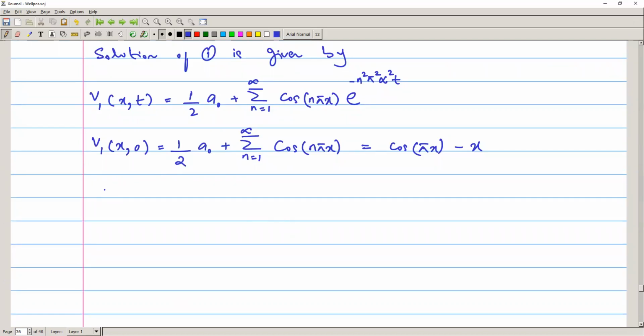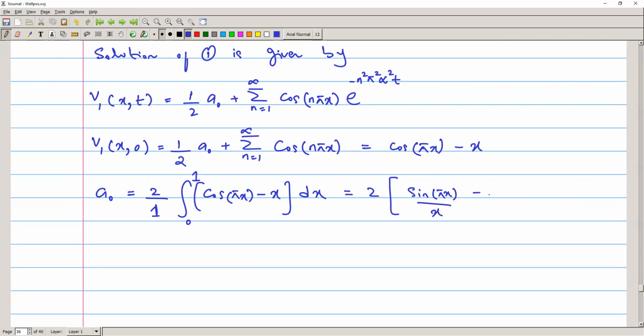So we know that the coefficient a naught is equal to 2 over L, that is 1, integral limit 0 to 1 of cosine pi x minus x dx. So it will be sine pi x or x minus x squared over 2, limit from 0 to 1.